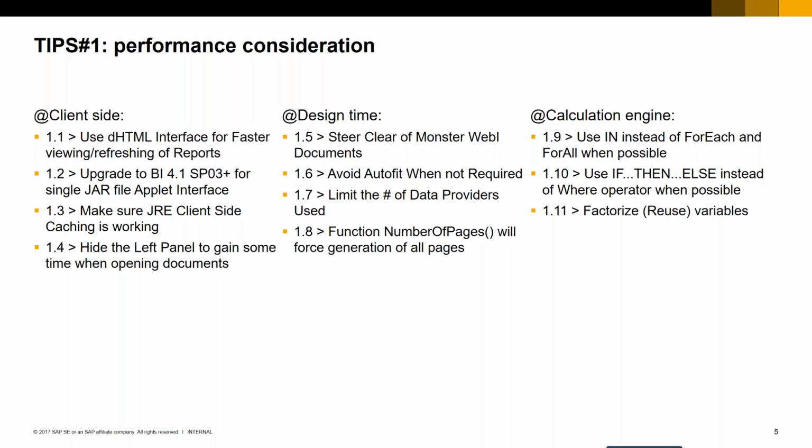DHTML viewer first. Second one, upgrade to BI 4.1 SP3 to benefit of the single jar applet interface. What does it mean?